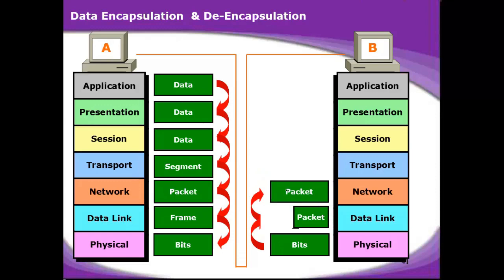Now at this layer it is again stripped off, and then from the network header it will check the destination IP address. If it matches, then the segment is given to the transport layer, and the transport layer will check the sequence number, acknowledgements, and the destination port number, and then finally it is given to the upper layers.